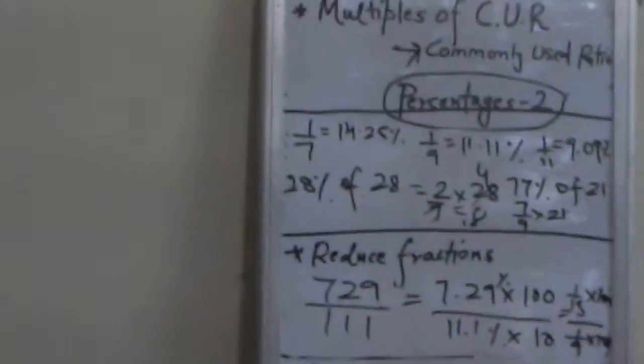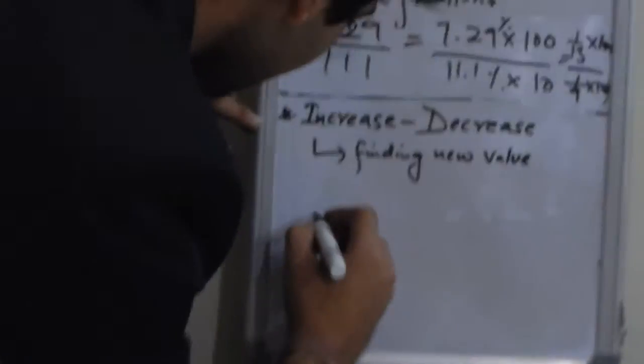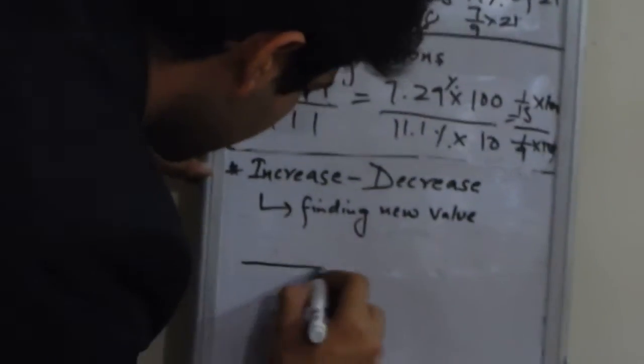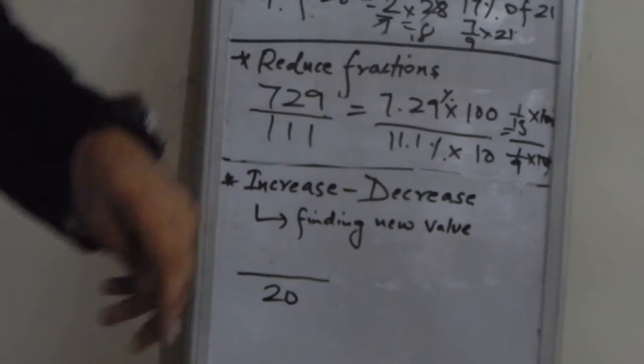Second, we move to increase decrease. So if I say increase of 20% in something, let's get down to basics first. What is actually increase or decrease? Increase is change in value upon original value. Suppose we had a quantity 20 and it increased by 5 to 25.